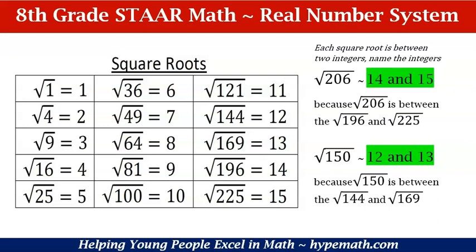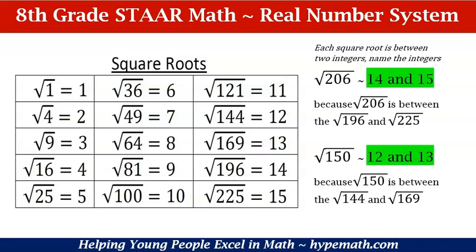Let's look at some more examples. When looking at the two integers that the square root of 206 is between, the answer is 14 and 15 because the square root of 206 is in between the square root of 196, which is 14, and the square root of 225, which is 15.